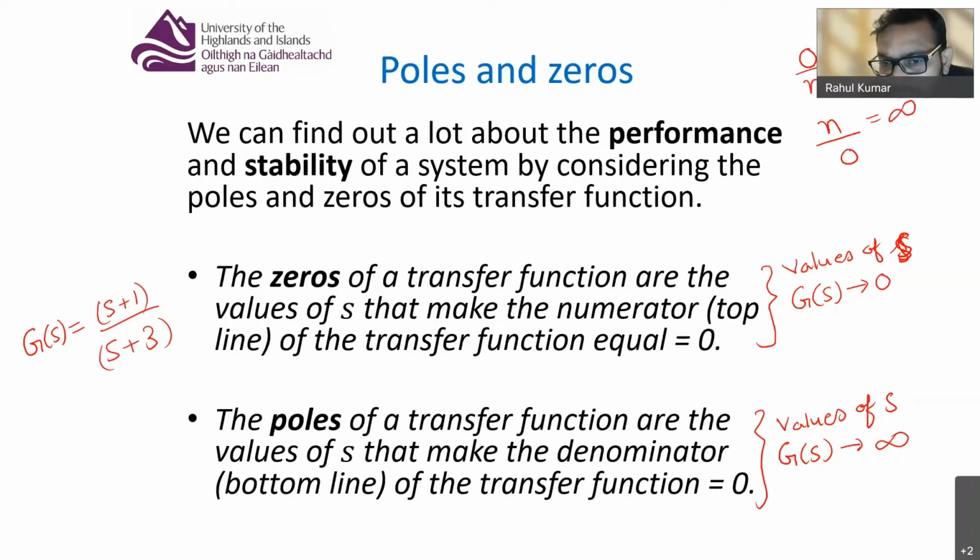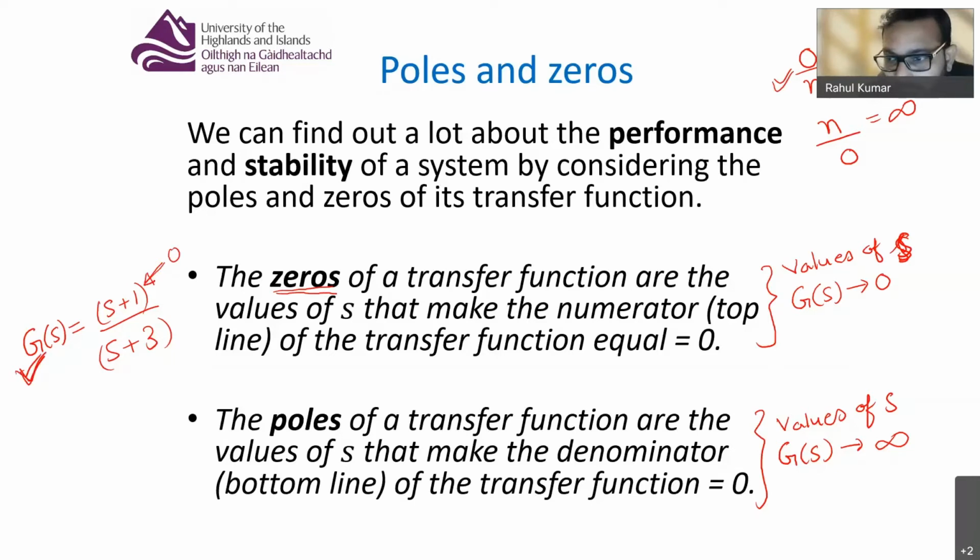Now first I'm trying to find the values of zeros. Zeros are those values of s which make my transfer function 0. I'm given the transfer function. How can I make it 0? If I equate the top line equal to 0, then my transfer function will become 0.